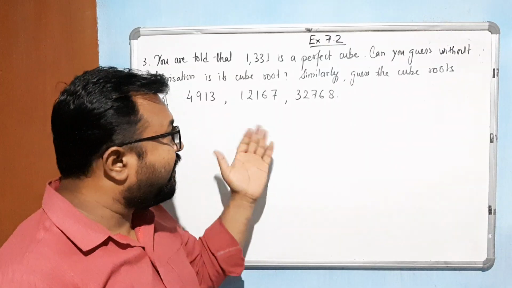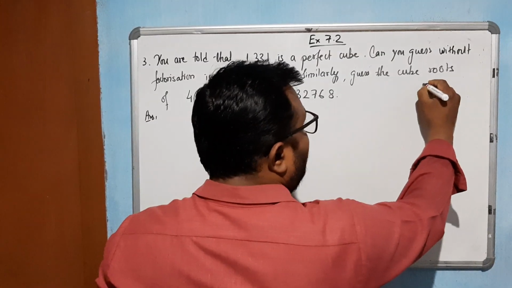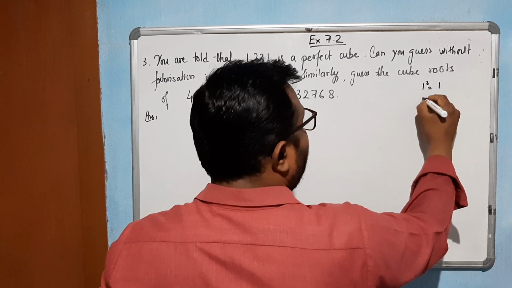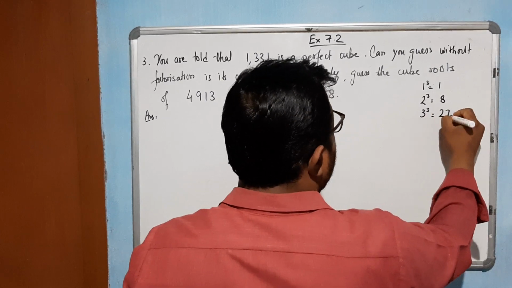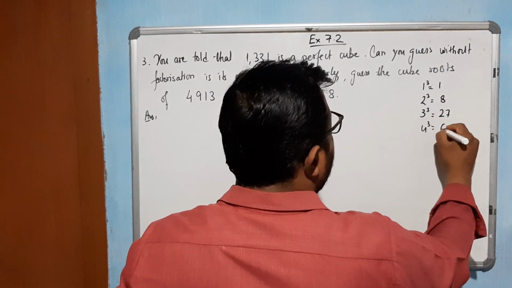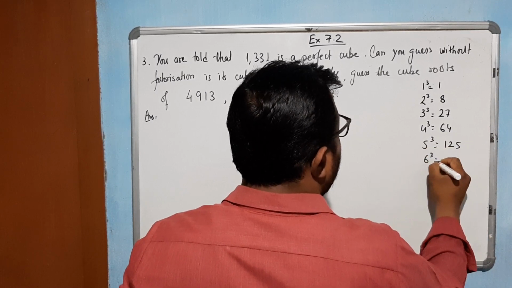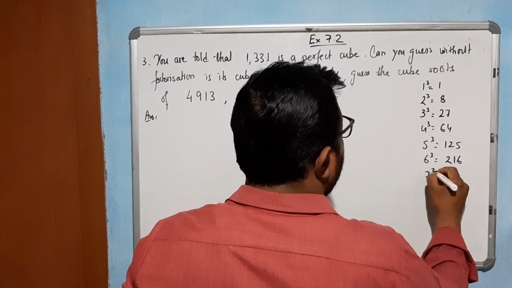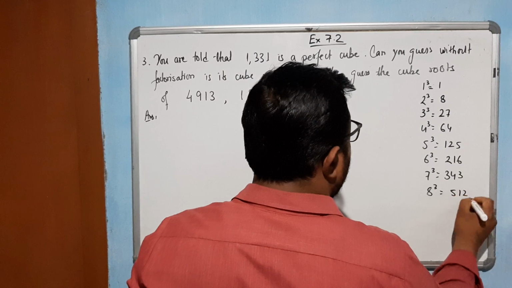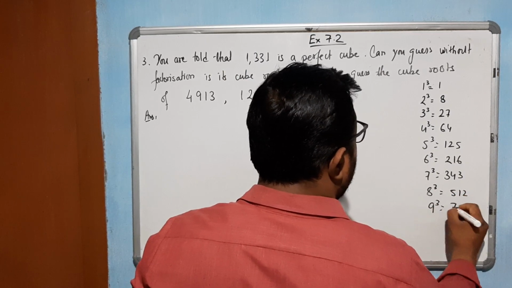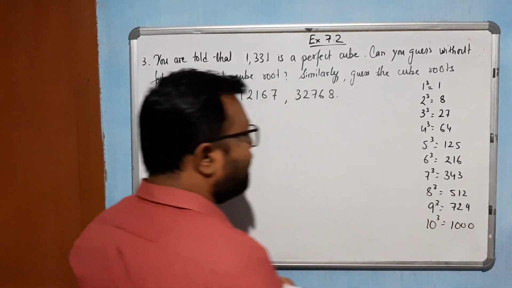So before doing this, let's have all the cubes of the numbers. See here, 1 cube is equal to 1, 2 cube equal to 8, 3 cube equal to 27, 4 cube equal to 64, 5 cube equal to 125, 6 cube equal to 216, 7 cube equal to 343, 8 cube equal to 512, 9 cube equal to 729, and 10 cube equal to 1000.